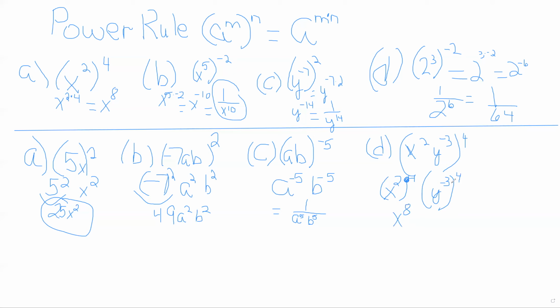And y to the negative 3 times 4 will give me negative 12. What I observe is x to the 8th, but however, I need to show negative 12 in the positive state. So that'll be x to the 8th over y to the 12th, final answer.